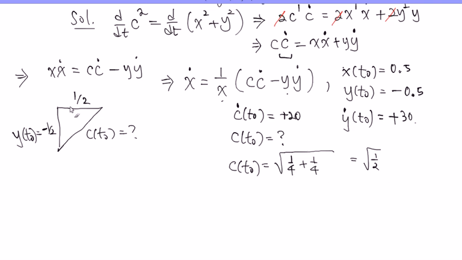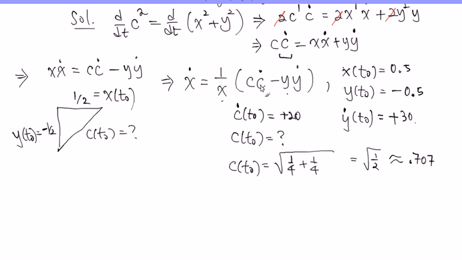So identifying like this is important sometimes. So the x coordinate at that instant t0 is positive 1/2. The y coordinate at that instant would be negative 1/2. So use the Pythagorean theorem, then it becomes squared, so it's both positive. Is that what it is? Yeah. Square root of 0.5 is 0.707. Very good. So that's that.